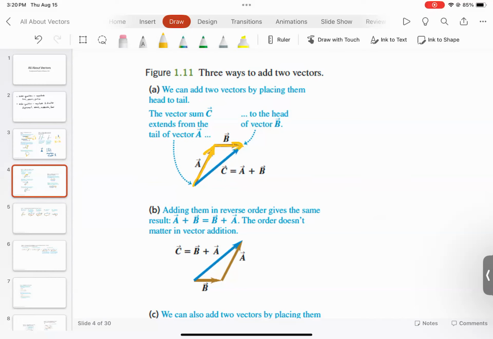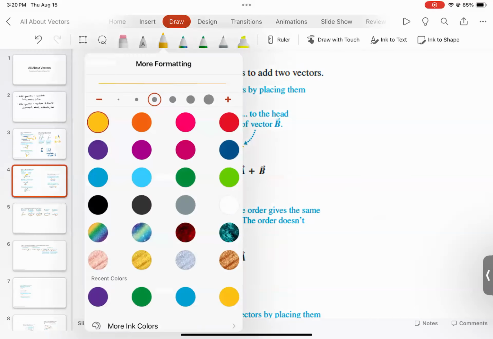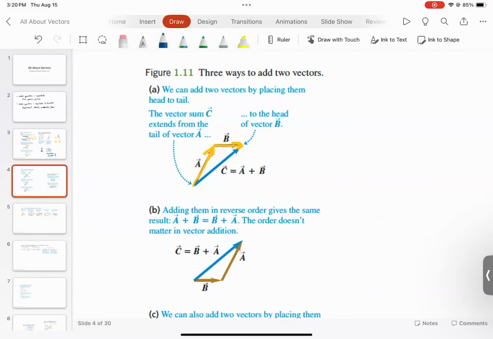So yan na yung vector B. To draw the sum of these vectors, ang gagawin natin is yung buntot ng vector A nung unang vector, yun yung starting point. At yung ulo ng vector B, yung pangalawang vector, yun yung end point. And we draw an arrow from the starting point to the end point. Now that arrow represents the sum of vector A and vector B, which we now call as vector C.